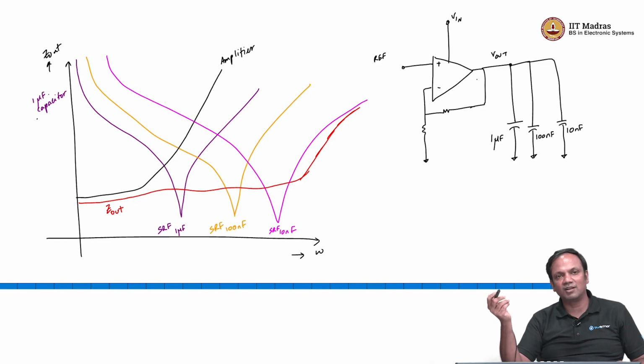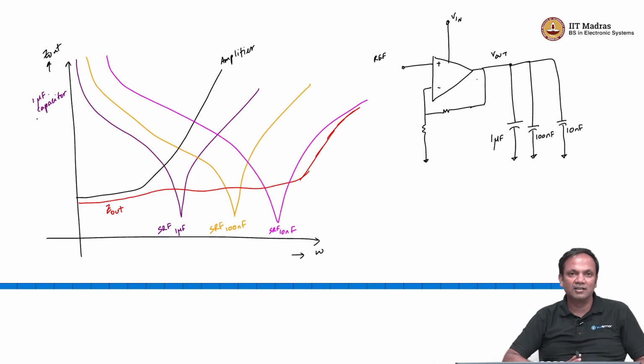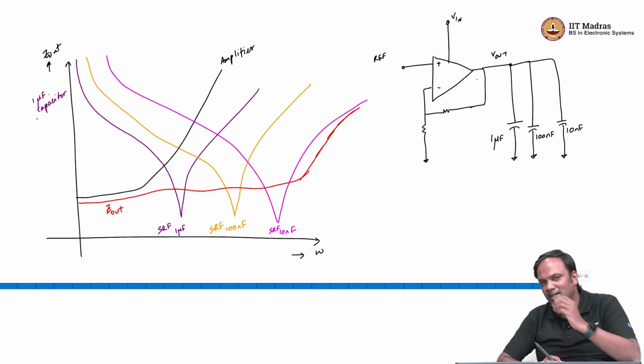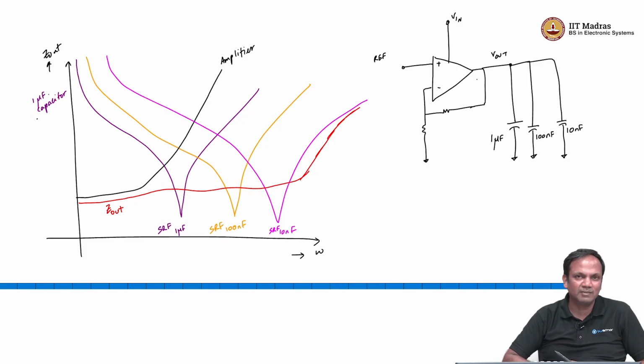So, now if my digital logic has a high component of current at 10 megahertz, I do not have to worry about it so much because I have a 10 nanofarad capacitor that is protecting me for current at that frequency. If I had high current at 300 kilohertz, maybe my 1 microfarad capacitor steps in and ensures that the impedance is low.